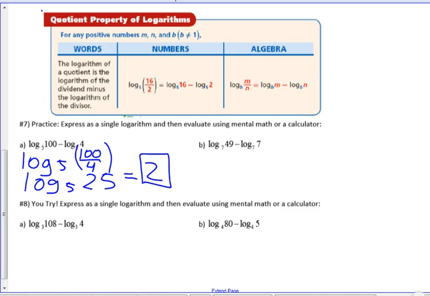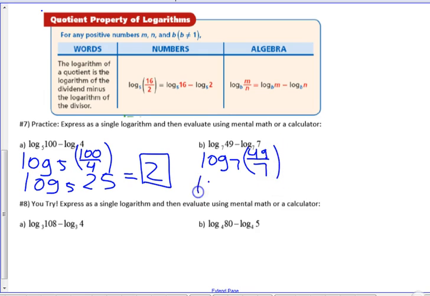All right, log base 7 of 49 minus log base 7 of 7. So I'm going to bring 49 and 7 together by doing what with them? Dividing them. And which one of those will be my numerator? 49. So it becomes log base 7 of 49 over 7, right?